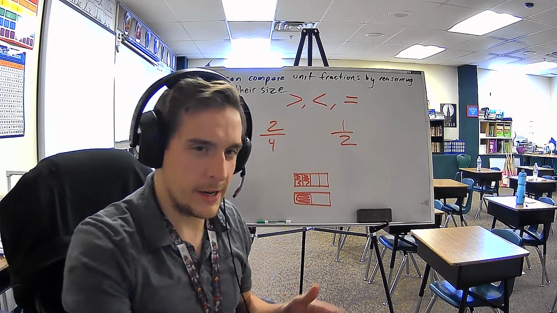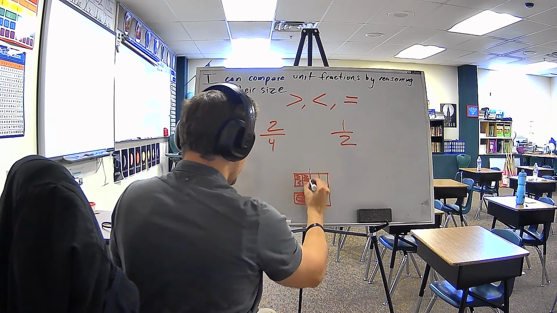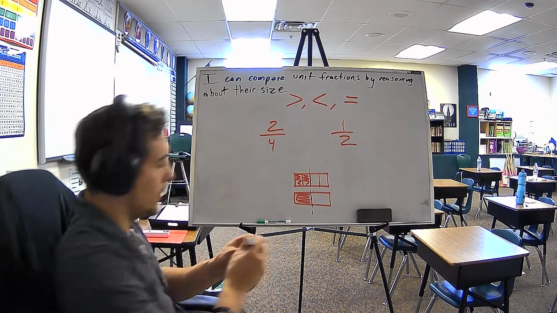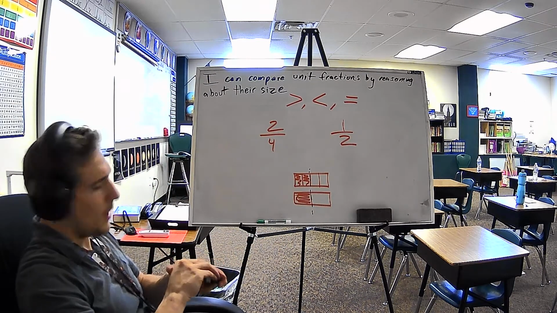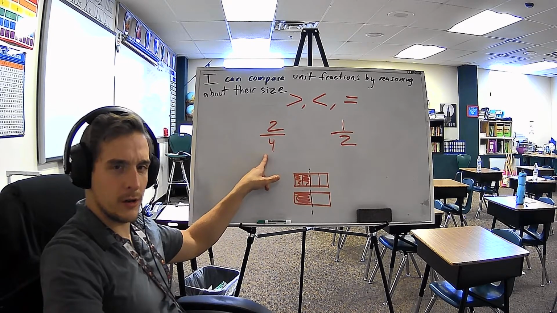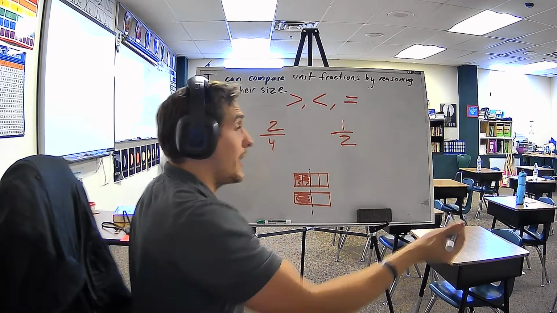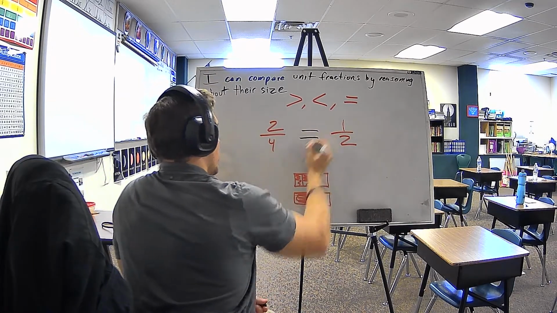If you look closely here, you notice something interesting. If I draw a line straight down the middle, is 2/4 larger? Is 1/2 larger? Or are they the same? For this one, they're actually the same. They are equal to each other.